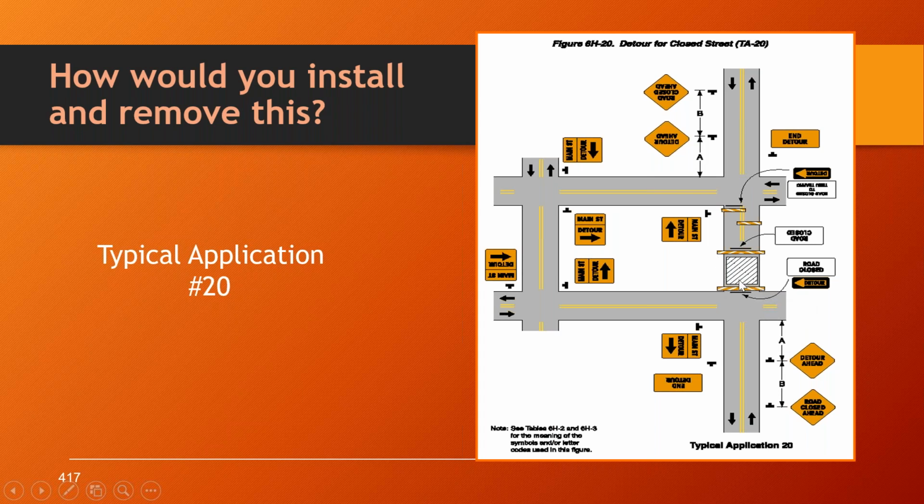And of course, if there's a problem here, we got to take care of the problem first, especially if it's an emergency situation like a washout. We want to make sure at least our barricades are up first, and then work backwards from there, because we're installing them against the flow of traffic.